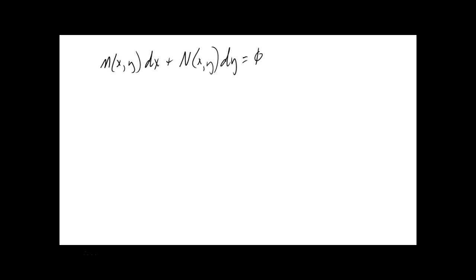Now, as you might guess, you can make M of x,y and N of x,y complicated enough that there's no way you're going to be able to separate the variables, especially if some of those y's are at certain powers. No way it's going to be linear. So this can easily be something we can't solve as separable and can't solve as linear.